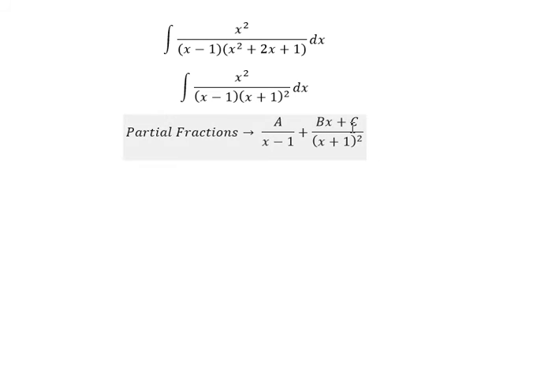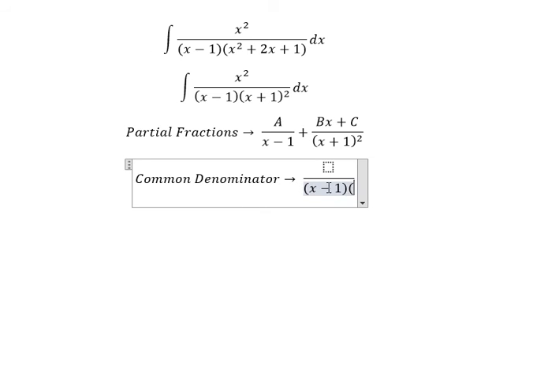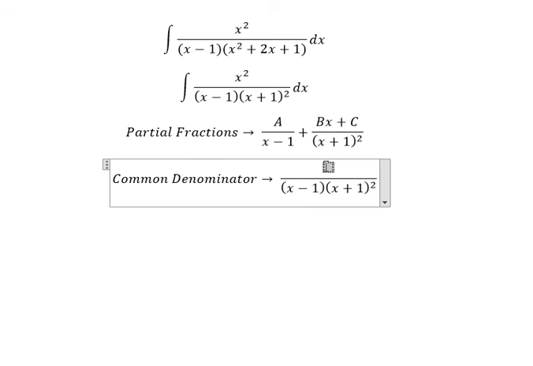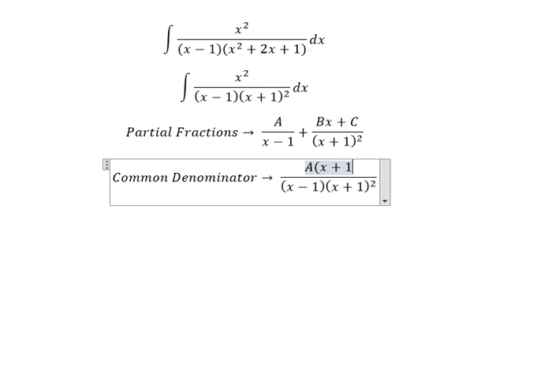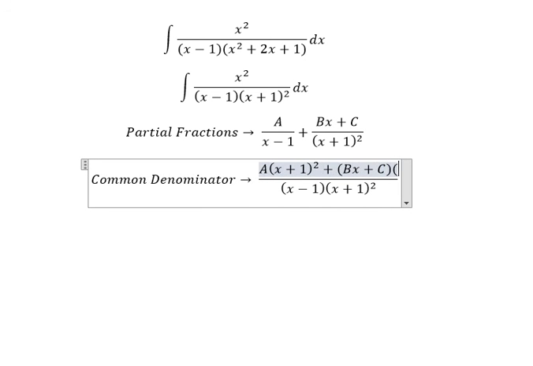Later, we do the common denominator. So you got (x minus 1) multiplied with (x plus 1) to the power of 2. So you got A multiplied with (x plus 1) to the power of 2, and (bx plus c) multiplied with (x minus 1).